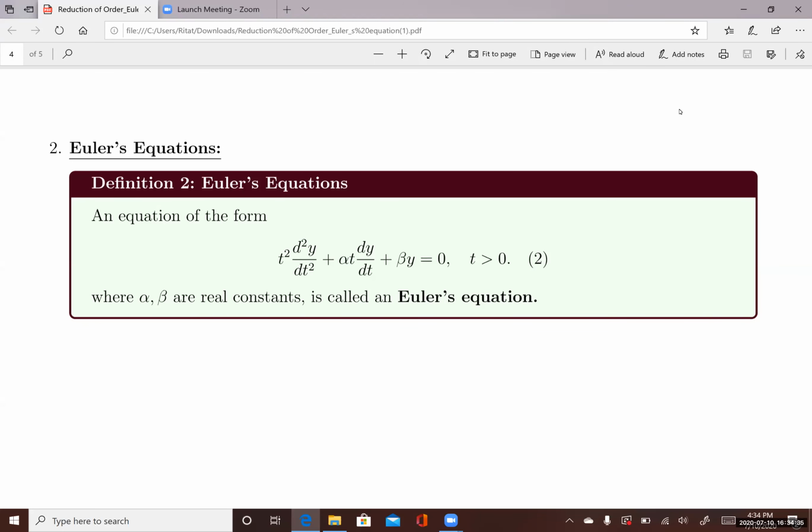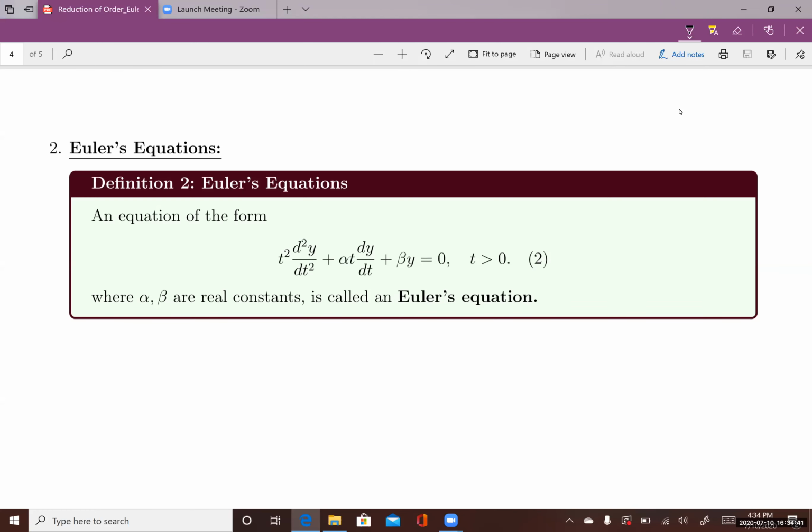In differential equations, Euler's equations are second order differential equations where the coefficient of y double prime is t squared, the coefficient of y prime is alpha t, and the coefficient of y is a constant beta.